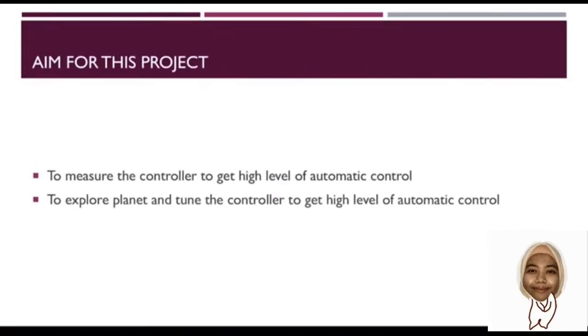For this project, our aim is to tune the controller to get a high level of automatic control to explore the planet.